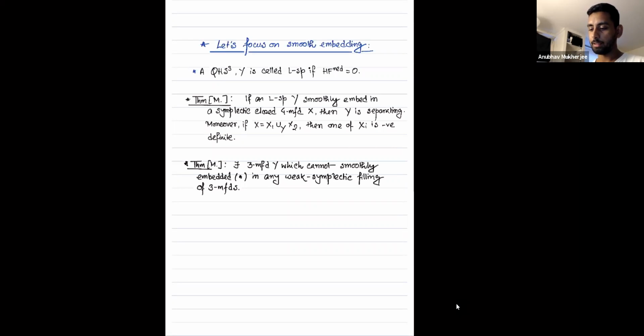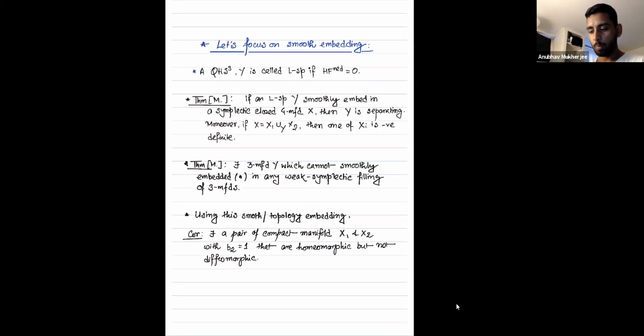And one last thing I would like to state is that this smooth versus topological embedding in particular helps us understand exotic structures on 4-manifolds. For example, we can prove that there exist compact 4-manifolds X1 and X2 with b2 equal to 1, that is, the second cohomology is very simple, which are homeomorphic but not diffeomorphic.